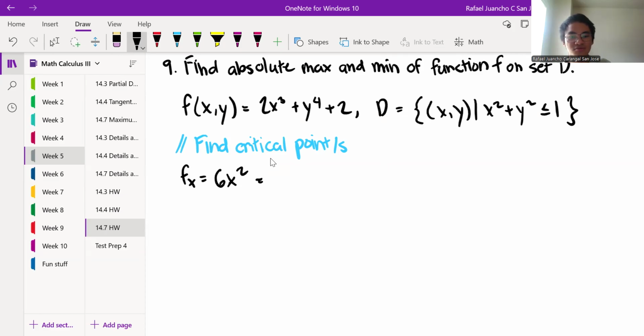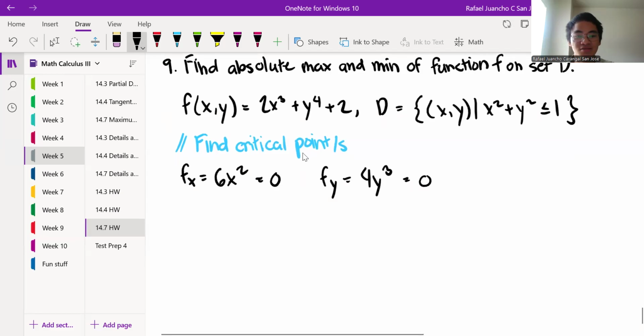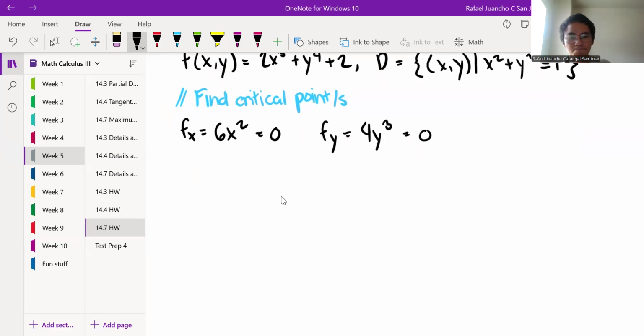With respect to y, I get 4y cubed. And then from there, we solve for x and y. So here we have x squared is 0. And so that just gives us x is 0. Y cubed is 0. That gives us y is 0. So our critical point is the origin.